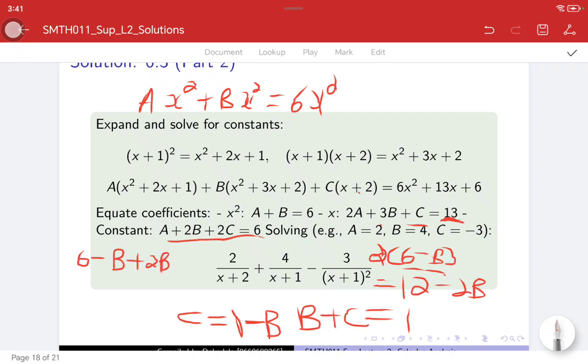Then C, I plug 1 minus B, which this will be equal to 6. 6 to the other side, this will cancel out, right? So now this minus B plus 2B will give us B, plus this will be 2 minus 2B.